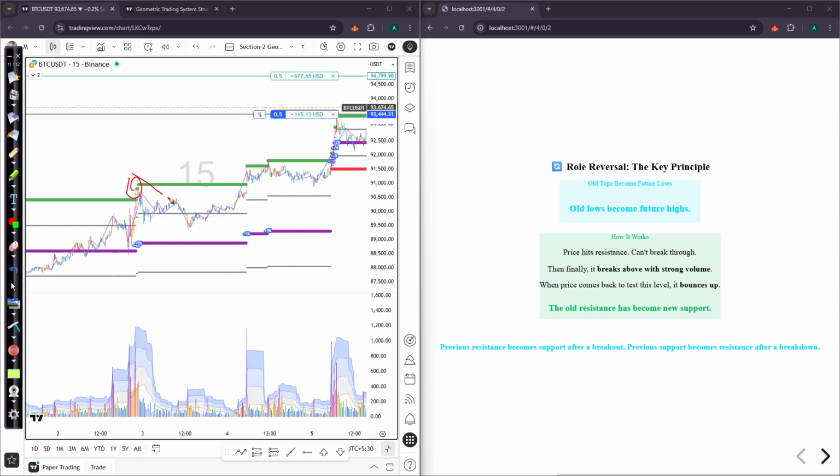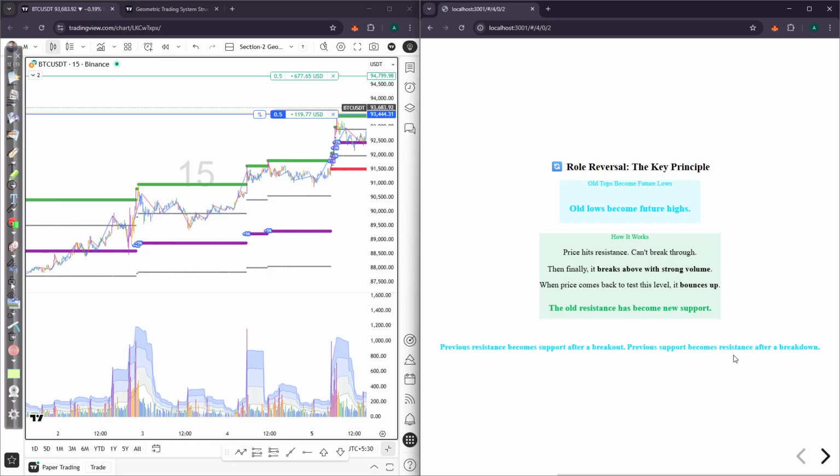So when price goes up here and breaks above, I can extend this line forward, and you can see price just came there and halted there, and from there it just went up. So here this resistance became support. That's what we mean.